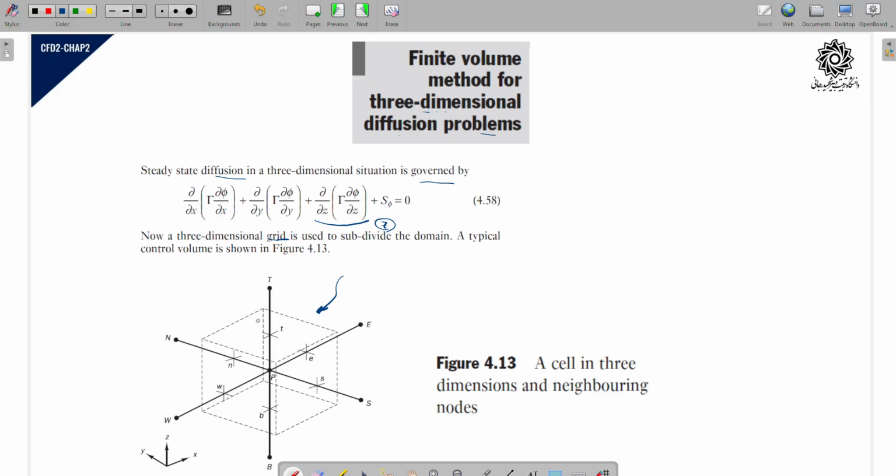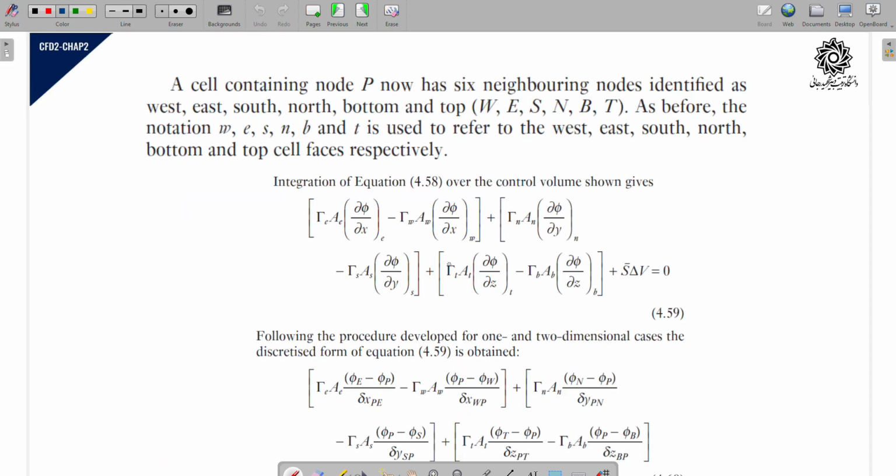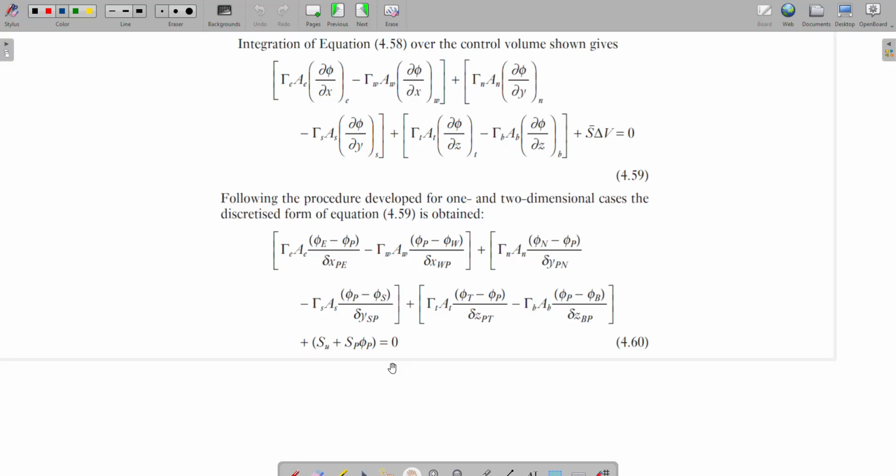To derive the three-dimensional equation, we only add one term to the previous two-dimensional equation, and this term is in the z direction.